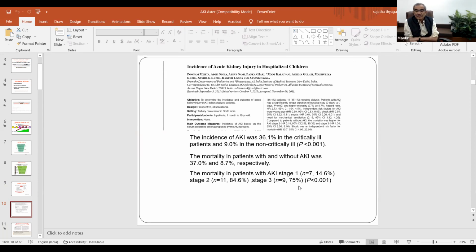But even in non-critical patients, as many as 9-10% have developed acute kidney injury at some stage. And what is interesting is the mortality in patients with and without AKI was 37% and 8.7%. And it will depend on the stage 1, 2, 3; as the AKI becomes worse, the mortality goes on changing.